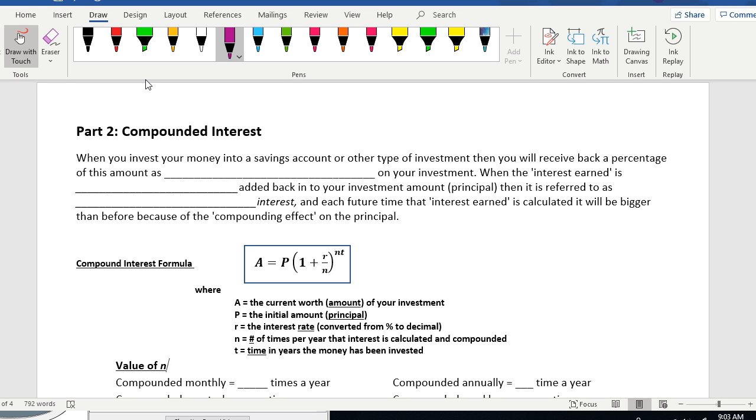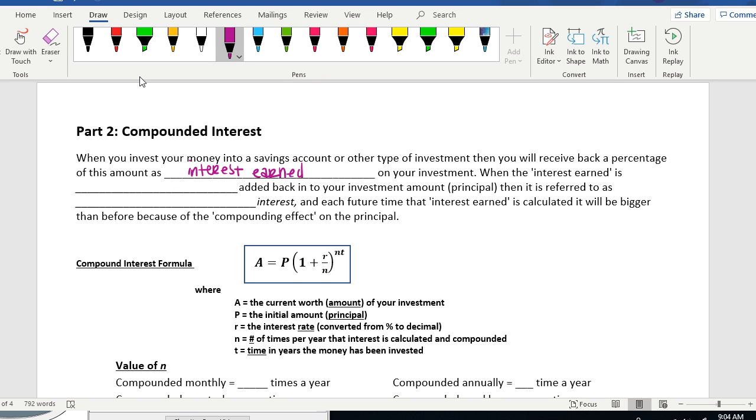Okay, so when you invest your money into a savings account or other type of investment, then you will receive back a percentage of this amount as interest earned on your investment.